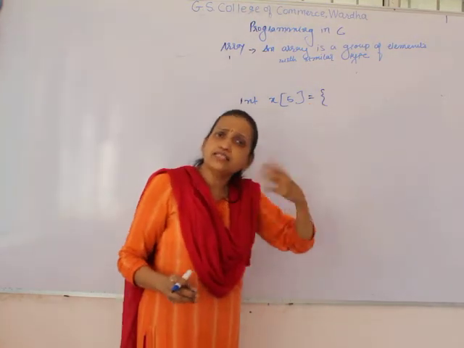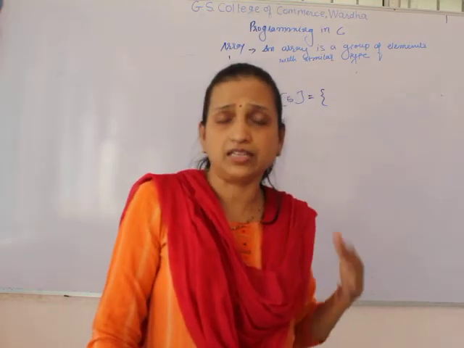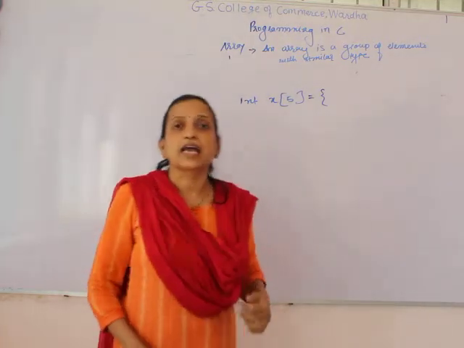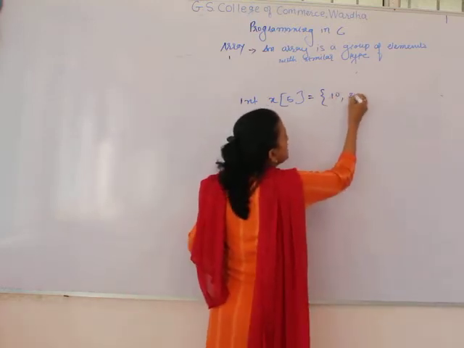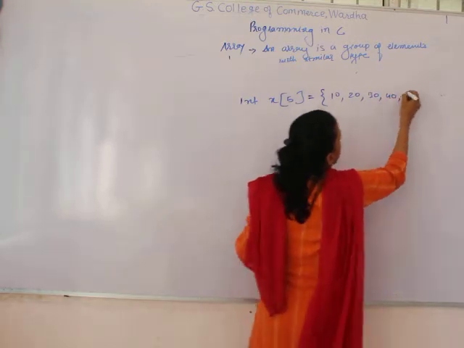But if you want to assign the value to the array variable at runtime, then you can use the scanf statement. Here, suppose first value, second, third, fourth and fifth.